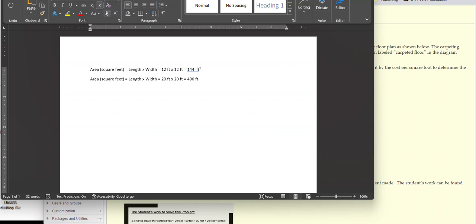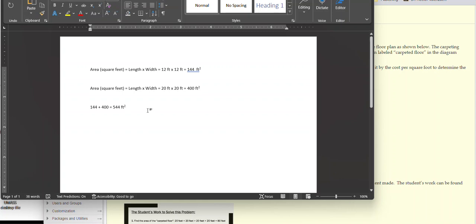Use the square button there. So when you add up both the 400 and 144, you add them both up, 144 and the 400, that is 544 feet squared, square feet.